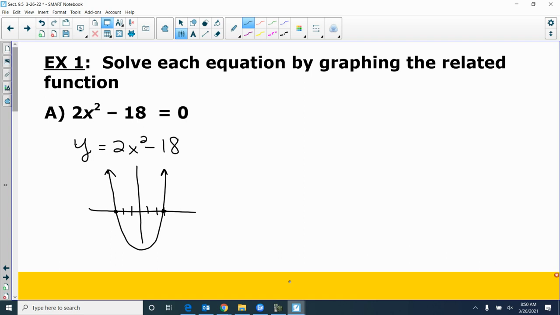Now we got to answer it, and he just said x equals -3 and 3. Those are our two answers. That's what we're looking for. So if it gives you a quadratic, you can just graph it and say, boom, where does it hit 0? Now, a couple things you got to be careful about.